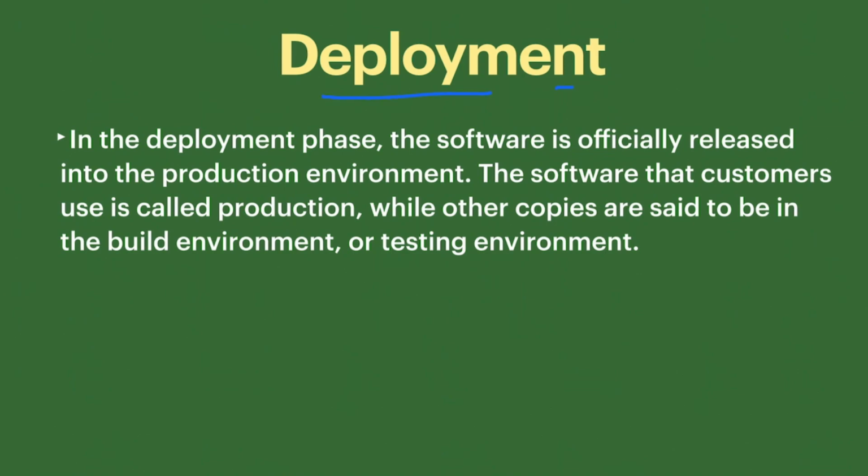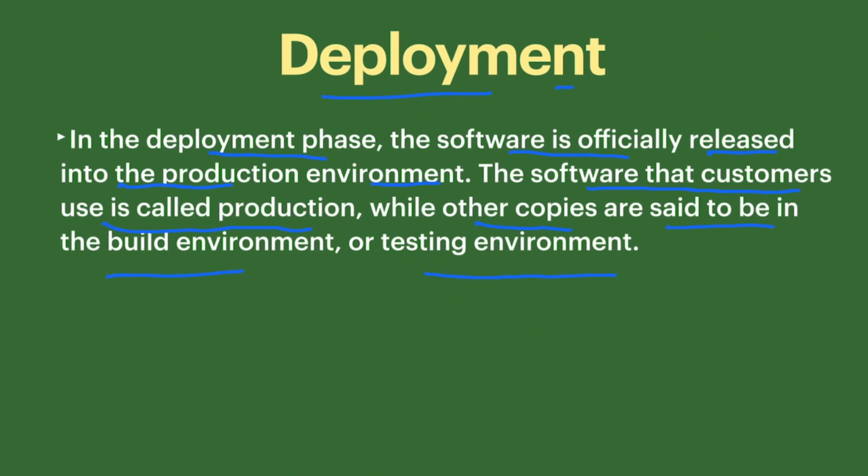It is also a very important phase. In the deployment phase, the software is officially released into the production environment. The software that customers use is called production, while other copies are set in the build environment for testing.